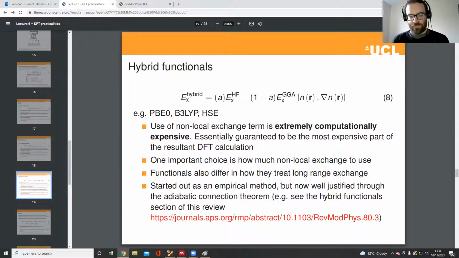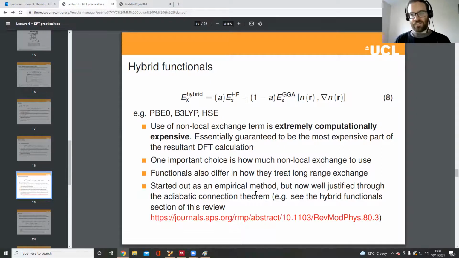And that meant people became quite interested in trying to understand how mixing together these two different theories can be justified. And these days, I think it's fair to say that there are actually very good mathematical arguments for why this is a good idea, as opposed to just mixing together two different theories to blend them and get something in the middle. Normally it's justified through this formula called the adiabatic connection theorem, which we won't go into detail on here, but I've put a link if you want to read more about that.